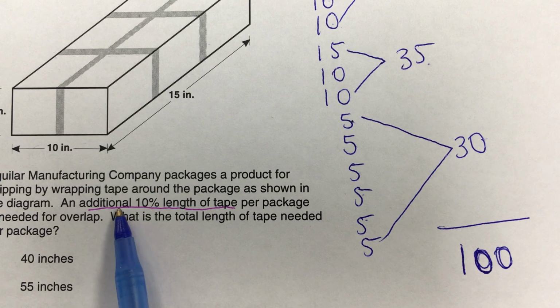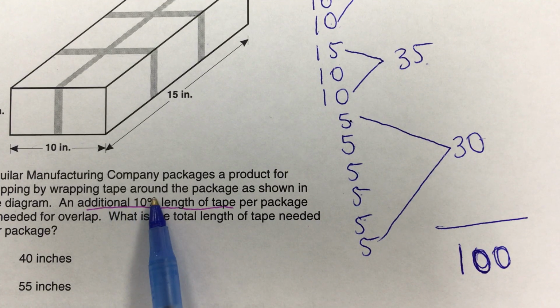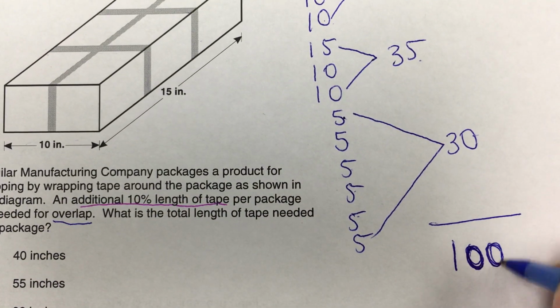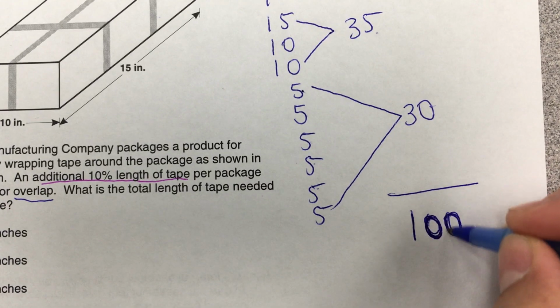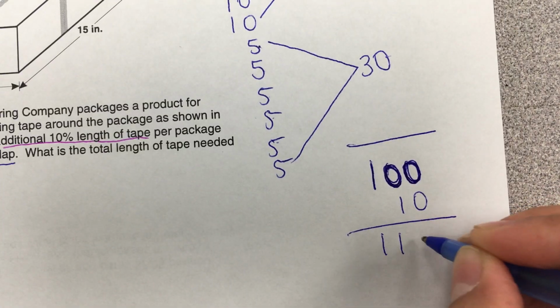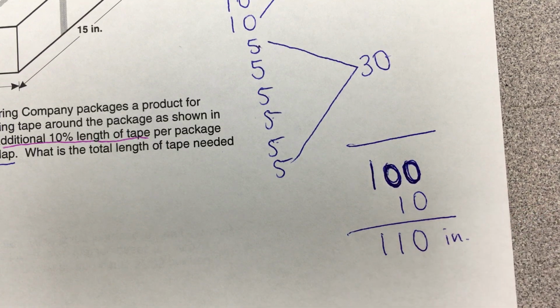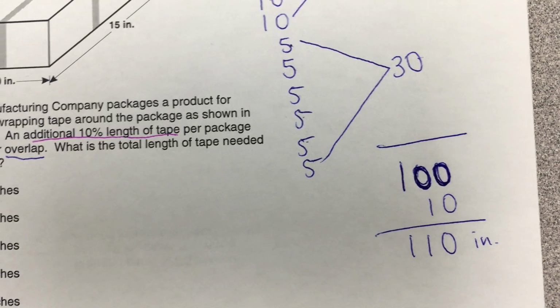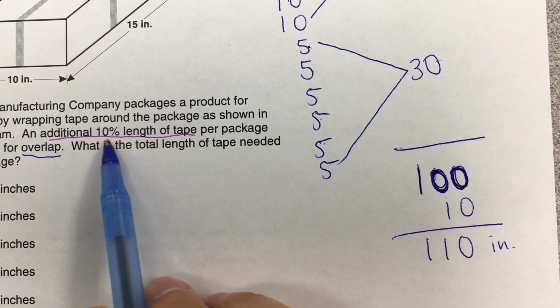However, now we have to add the additional 10% length of overlap. Okay. This is easy because it's 100 and 10% of 100 is 10. You just add that and that's going to be equal to 110 inches. So let me tell you that if you are not sure, what you need to do is put this 10 as a decimal.